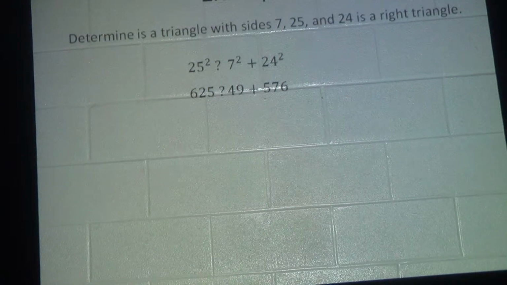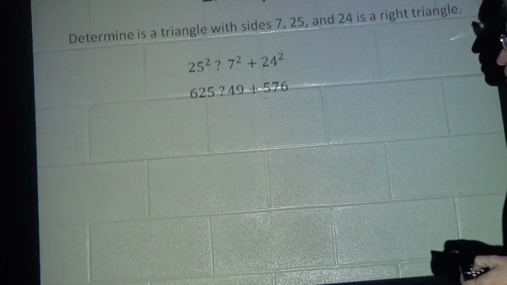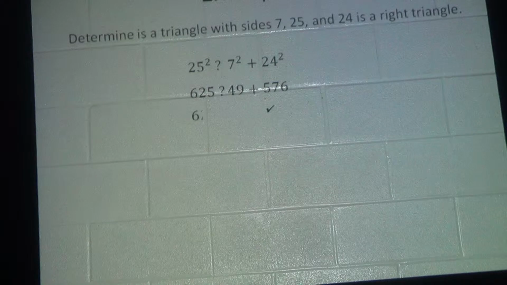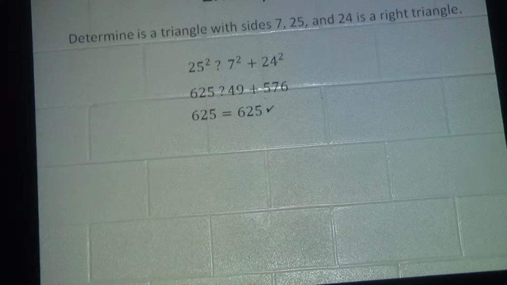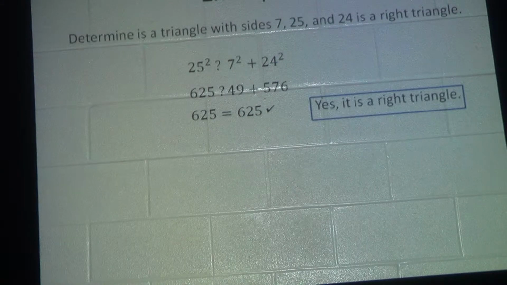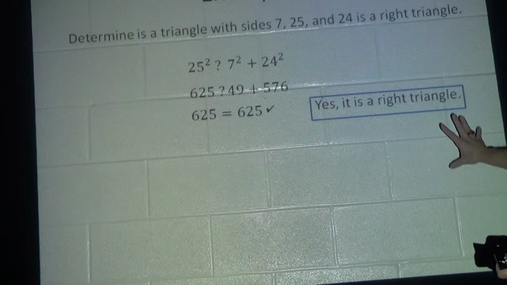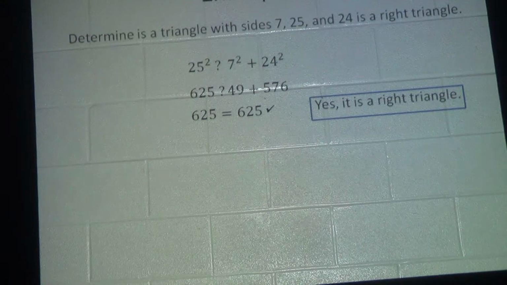That gives us 625 is what relationship to 49 plus 576. So 625 is equal to 625. So yes, it is a right triangle by the converse of the Pythagorean theorem. Notice also, like I said earlier, since those are integers and it is a right triangle, that makes that particular group of numbers a Pythagorean triple.